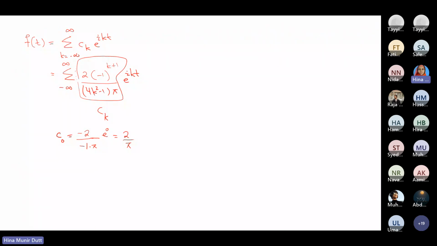And from the complex form of the Fourier series, if you are asked to calculate the trigonometric form, ck is equal to 2 times minus 1 to the power k plus 1 over 4k square minus 1 pi, which is entirely a real number. So it means ck conjugate is equal to its conjugate, this one.